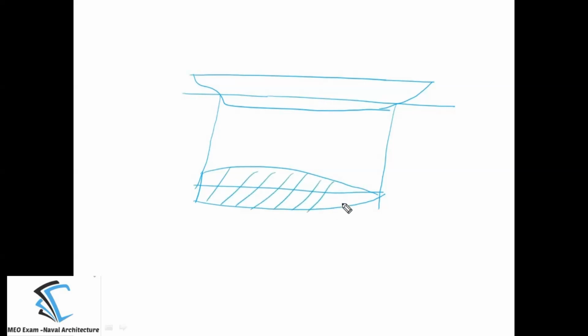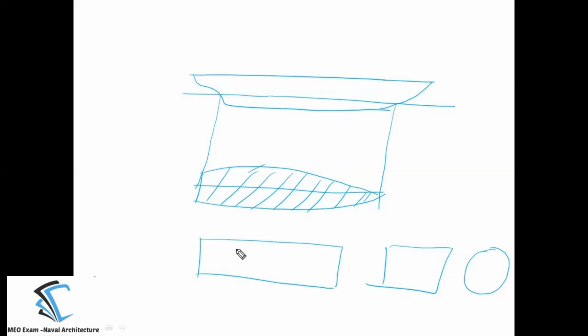If I ask you to find the area of this water plane, we know that there is no direct formula to calculate the water plane area. Suppose you have a rectangle, a square, or a circle. These are general bodies with standard diagrams, so from the diagram you can easily find the formulas, because these formulas are available.